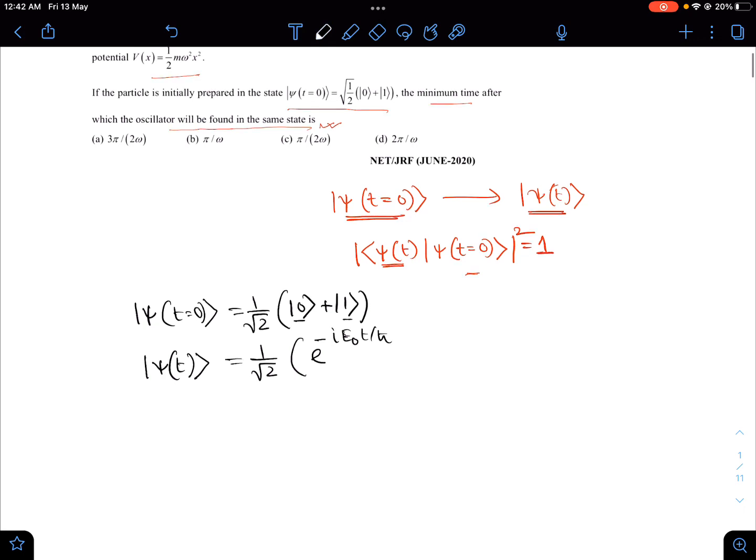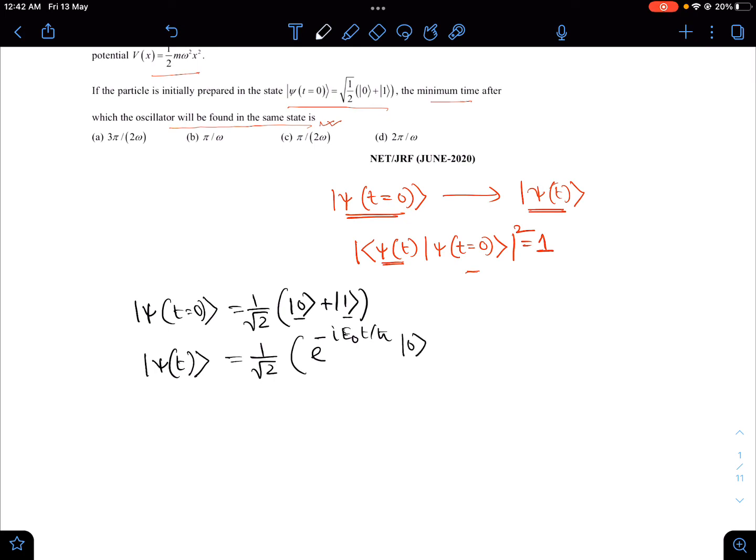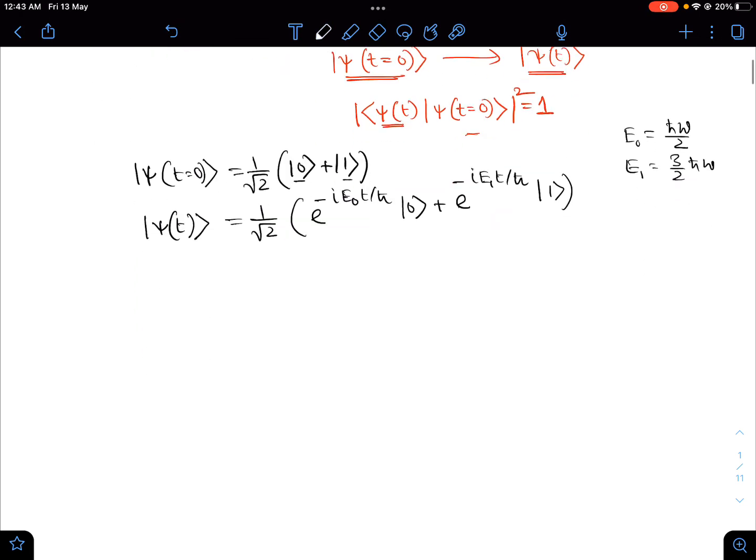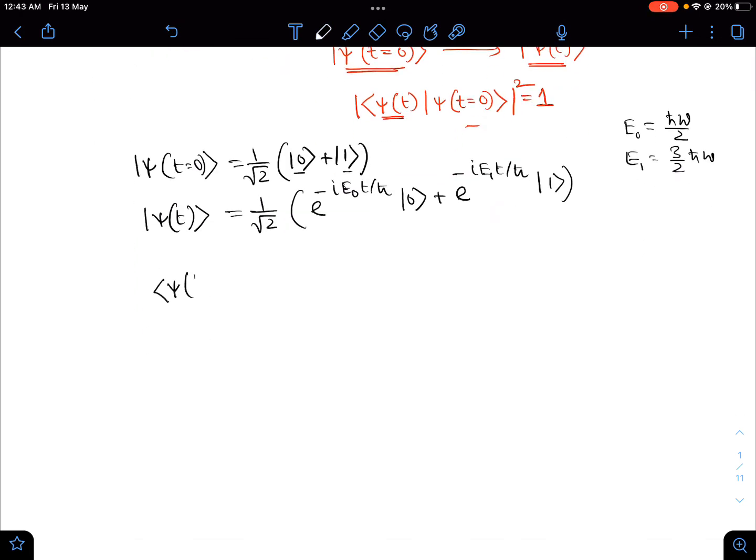Now E0 we know is h cut omega by 2, and E1 we know to be 3 by 2 h cut omega.